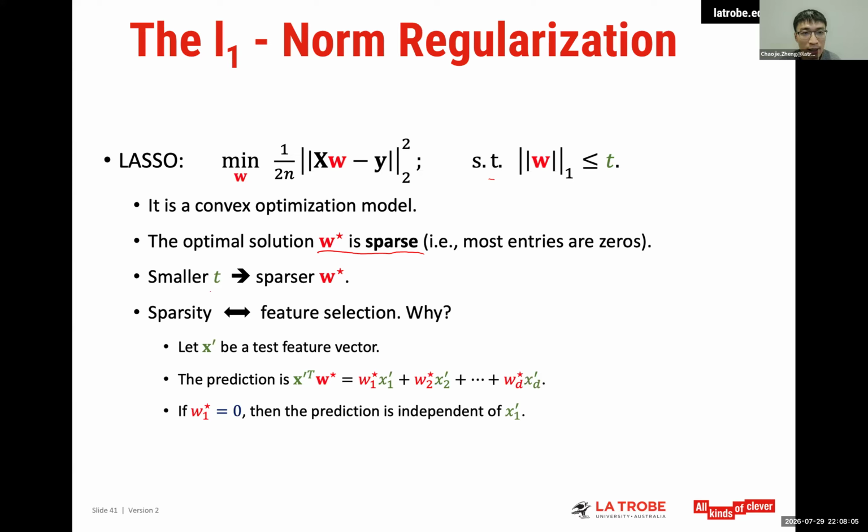Smaller T here means stronger constraint, and that will result in a sparser W vector. A sparser W vector means there will be more zeros in the optimal weight vector. By setting the entries to 0, it will set the contribution of specific feature values to 0, and thereby those features will be filtered out from the prediction process.